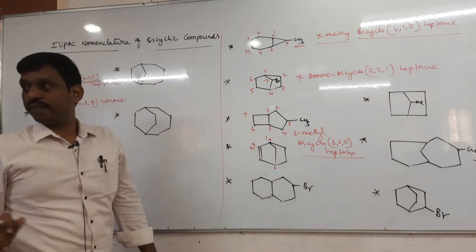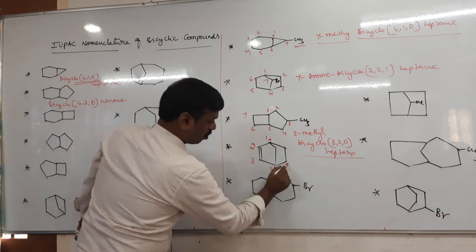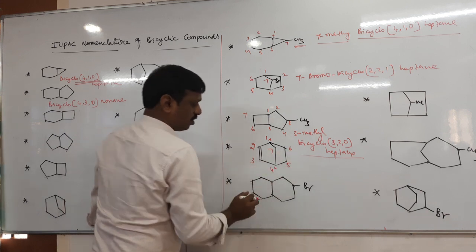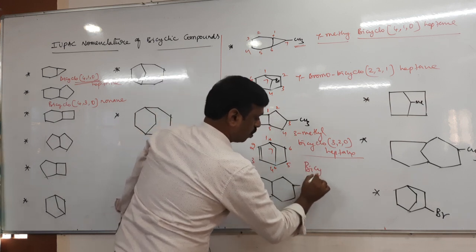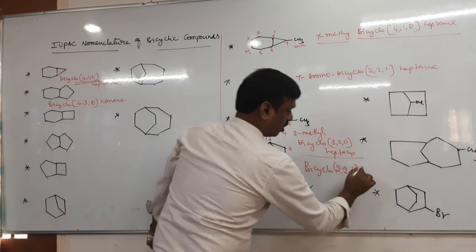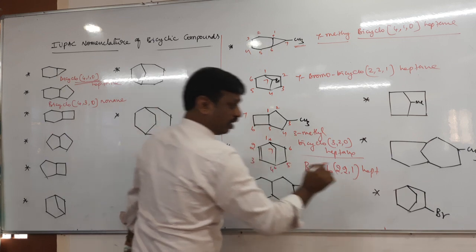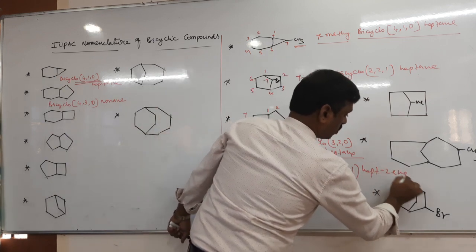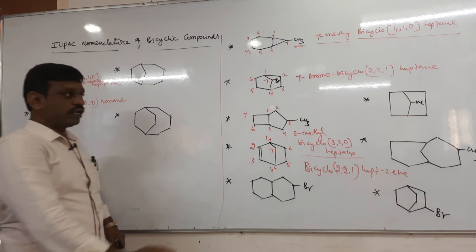The remaining rules are the same: 2, 3, 4, 5, 6, 7. Tell me, it is bicyclo 2,2,1 hept, which position? 1, 2 ene. So will you write the remaining?